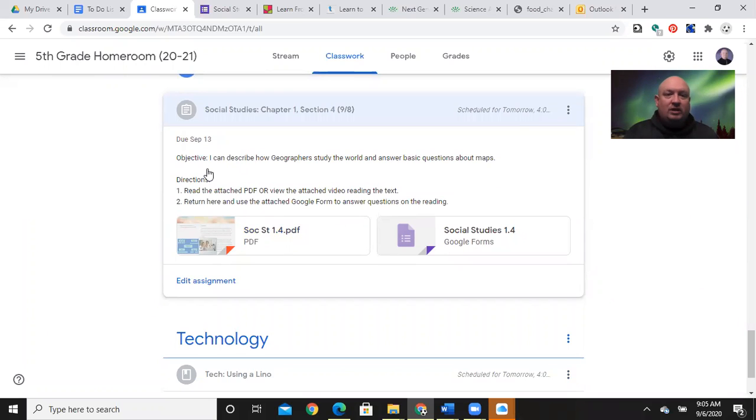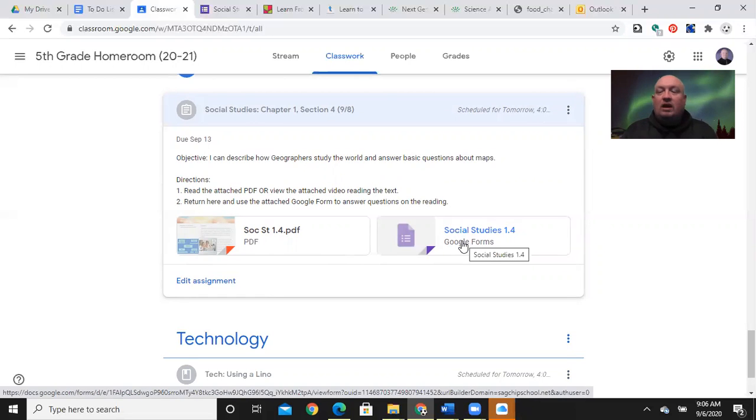Within this, you'll find the objective. I can describe how geographers study the world and answer basic questions about maps. There's directions. Read the attached PDF or view this video. Then return here and use the attached Google form to answer questions on the reading.